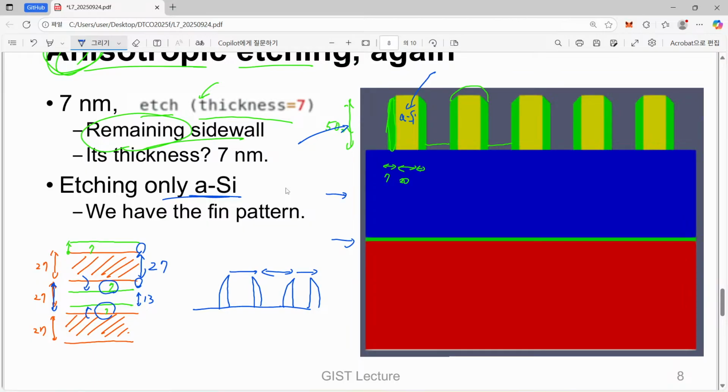So actually we have to transfer this pattern onto this silicon substrate, otherwise that is meaningless, because we wanted to make a fin here and here once again another fin. That is our original intention.